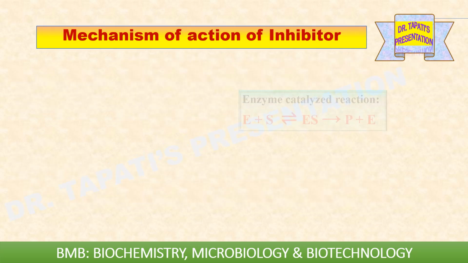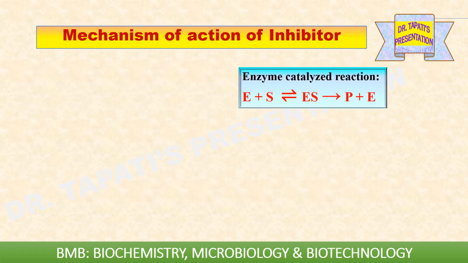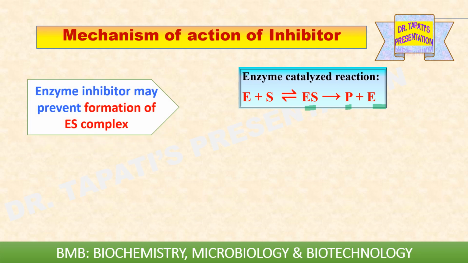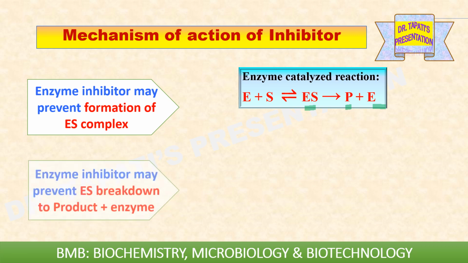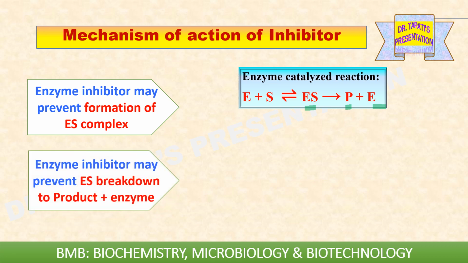As you know, in an enzyme catalyzed reaction, ES complex formation is the first step of this reaction, and the second step is the ES complex breakdown to release product and free enzyme. Enzyme inhibitor may prevent formation of ES complex or may prevent ES breakdown to product and free enzyme. So it may interfere in the first step of the enzyme catalyzed reaction, or it may interfere in the second step.